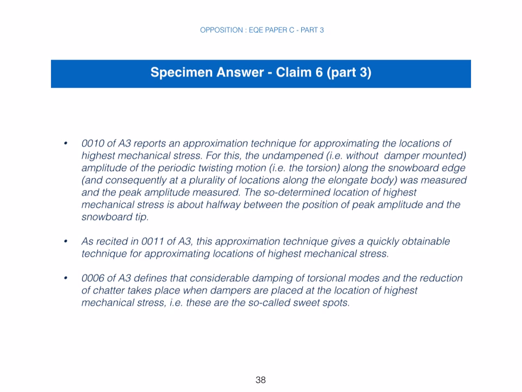Paragraph 6 of A3 defines that considerable damping of torsional modes and the reduction of chatter takes place when dampers are placed at the location of highest mechanical stress. These are the so-called sweet spots, and the last part of the argument is over.